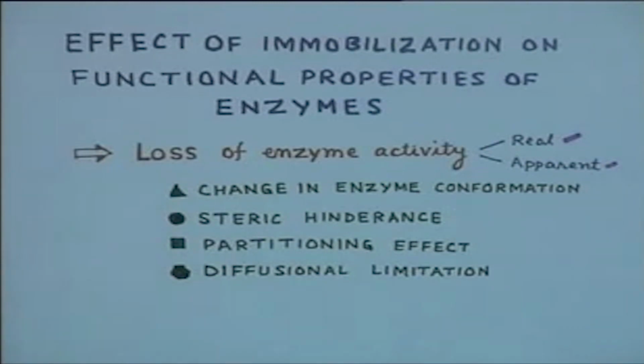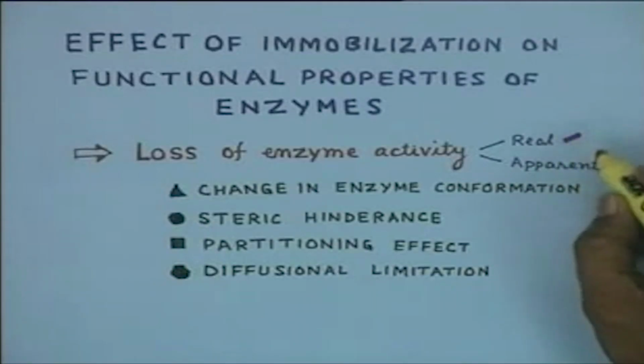By real, I mean that you cannot recover the original enzyme activity after immobilization by physical interventions. On the other hand, the apparent loss refers to measuring a reduced enzyme activity that, by certain physical interventions, can be restored.